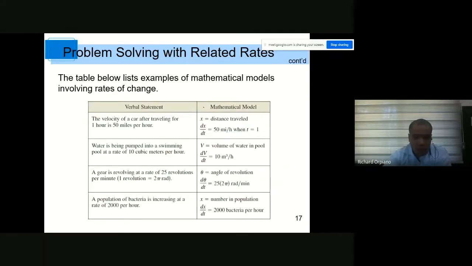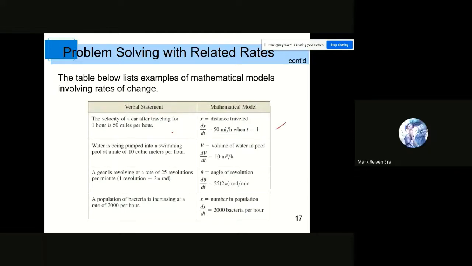Now, just another guide. So, examples. This is how to make the formula from a verbal statement. Please read the first one, Mr. Era. The velocity of a car after traveling for 1 hour is 50 miles per hour.